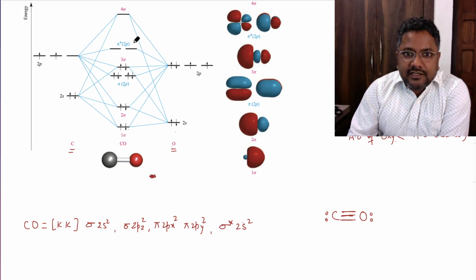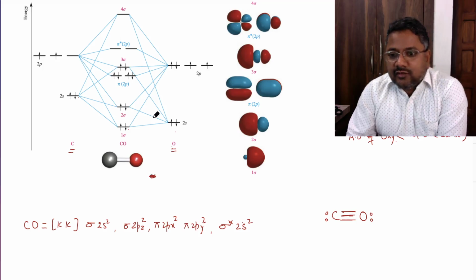That's why, see here, it is not written which one is 2s and which one is 2p.